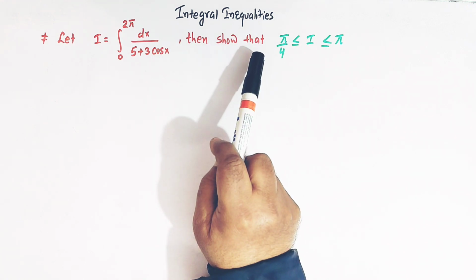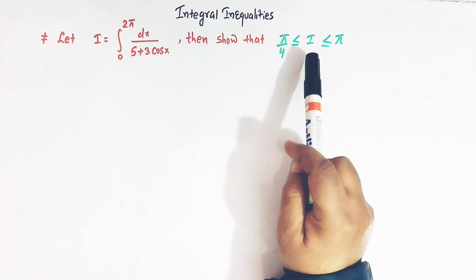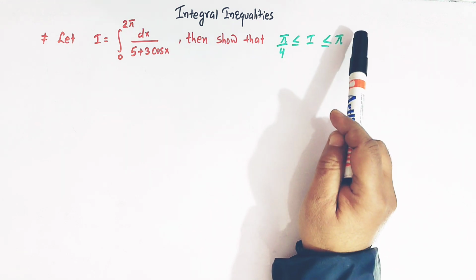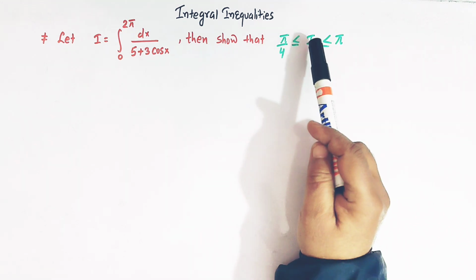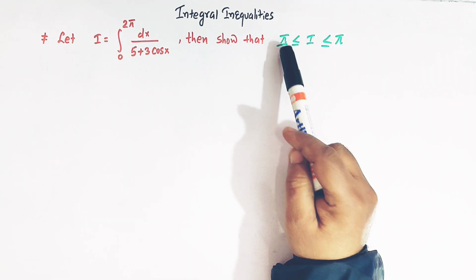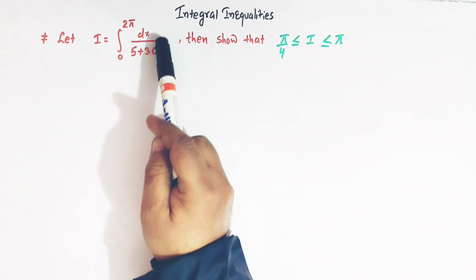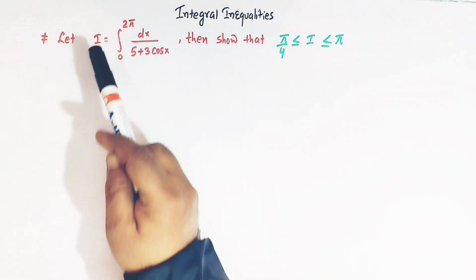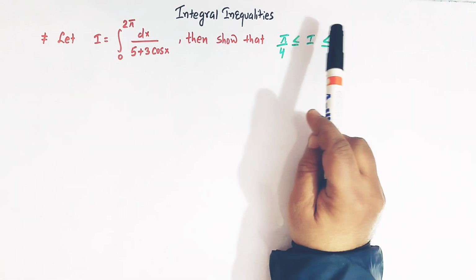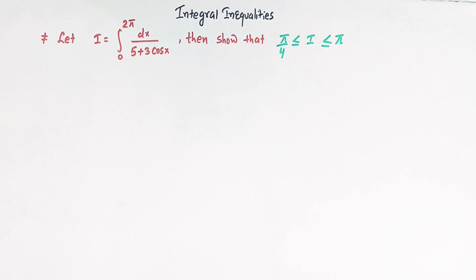Then we have to show that this integral I satisfies the inequality pi by 4 is less than or equal to I, which is less than or equal to pi. Without evaluating this integral, we have to arrive at this inequality. So let us start.